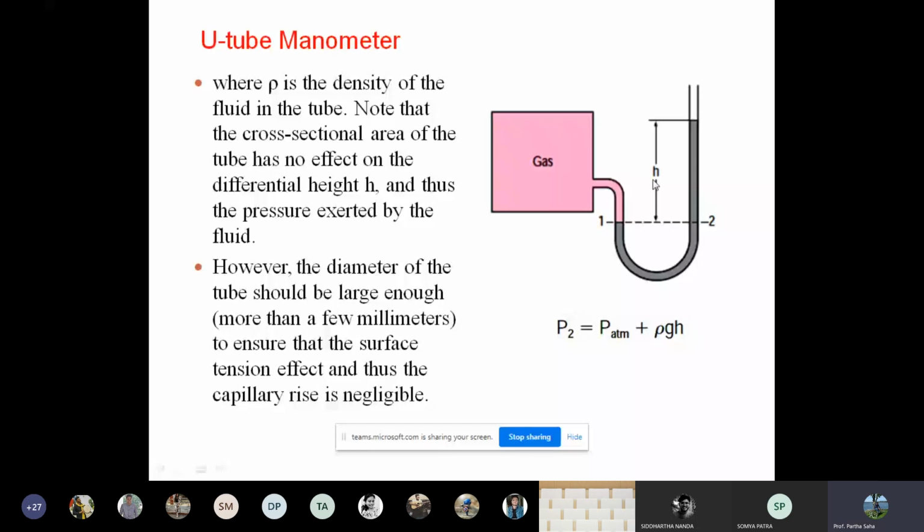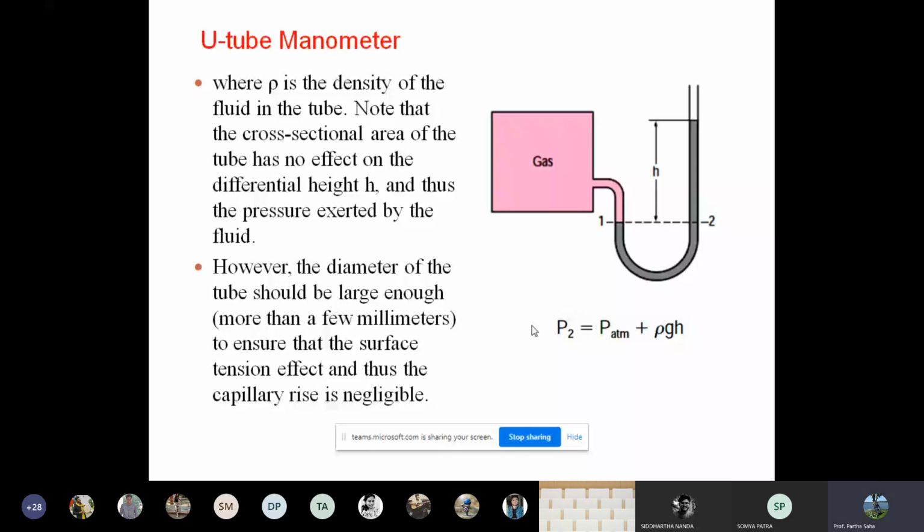Whatever the cross-sectional area of this glass tube, it has no effect on the pressure at different positions, right? However, the diameter of the tube should be large enough to ensure that the surface tension effect and the capillary rise are negligible, because if the diameter of the tube is large enough, then these effects of surface tension and capillarity can be avoided.